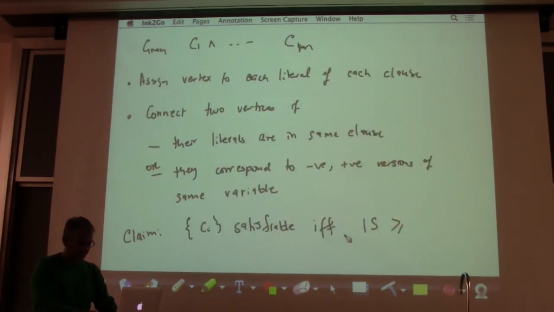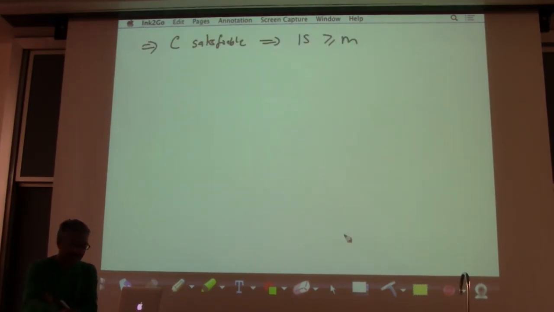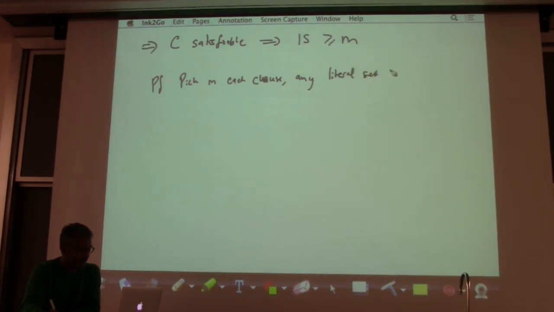So, again, the claim is, the proof is: take in each clause any literal set to 1 and add the corresponding vertex to IS.